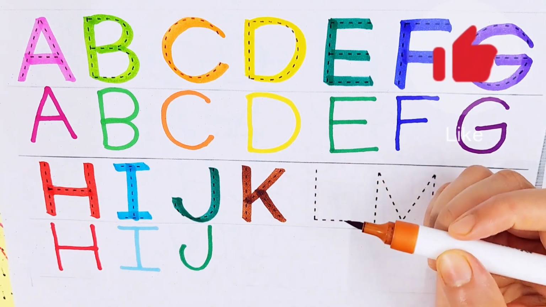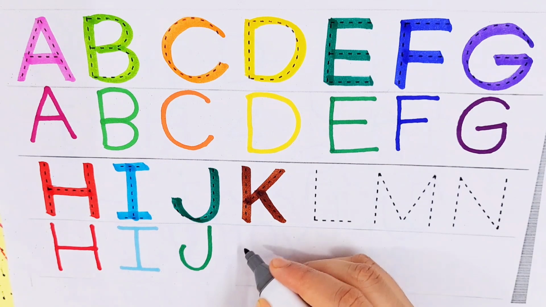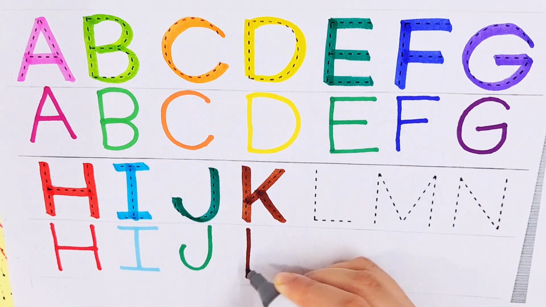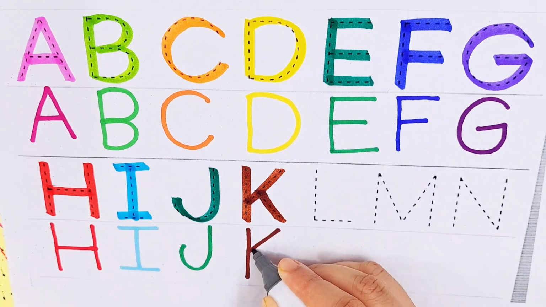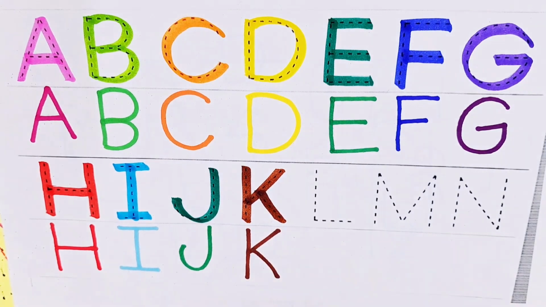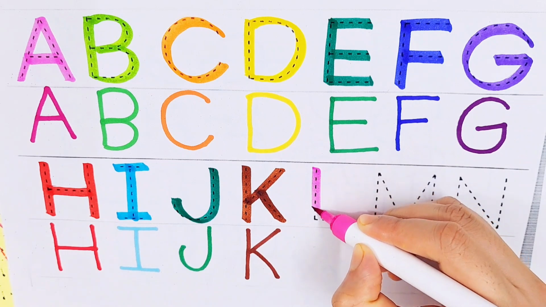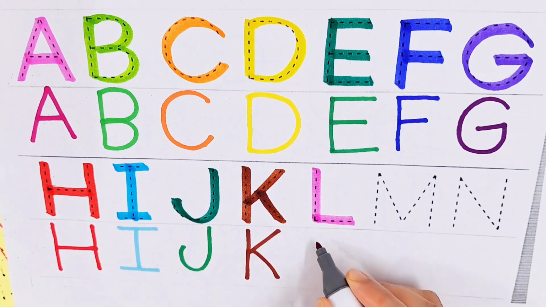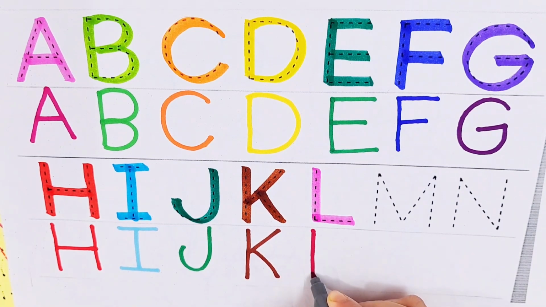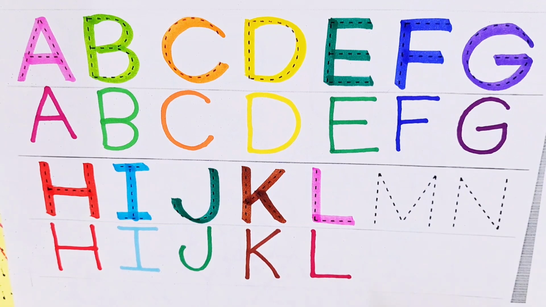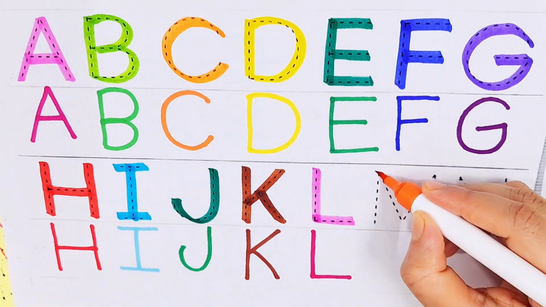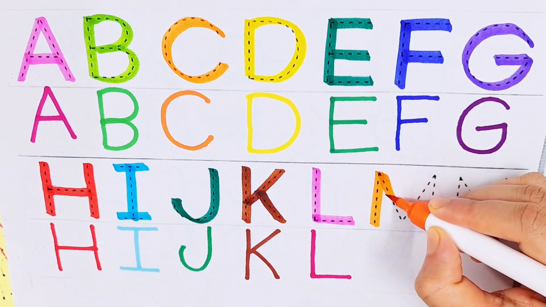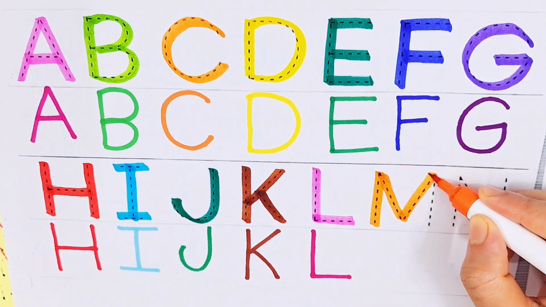K for king. K for kiwi. L for lollipop. L for lion. M for mother.